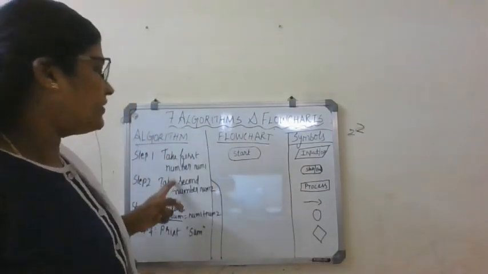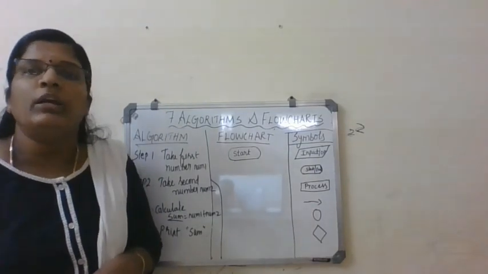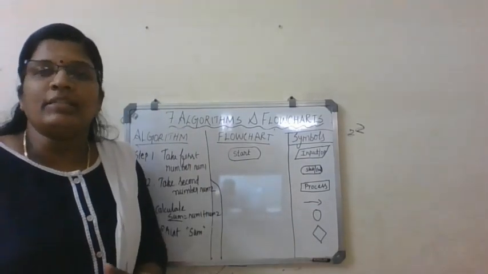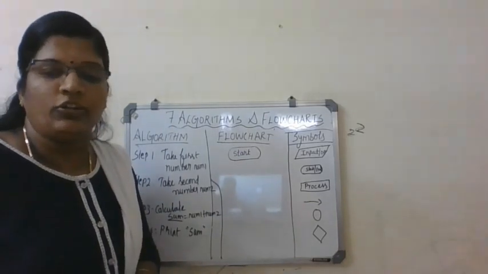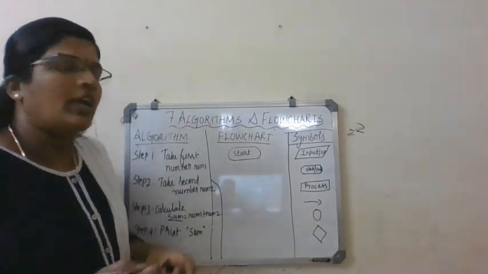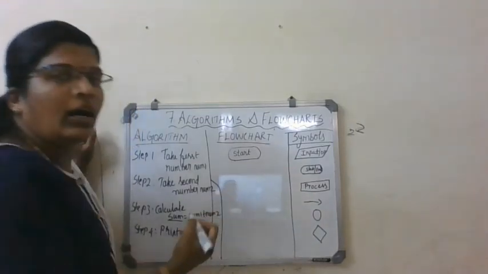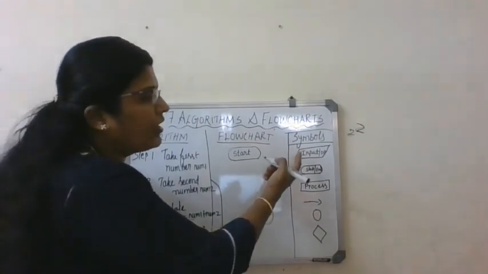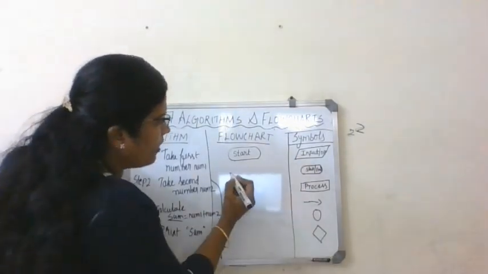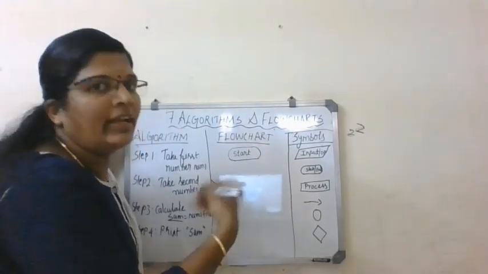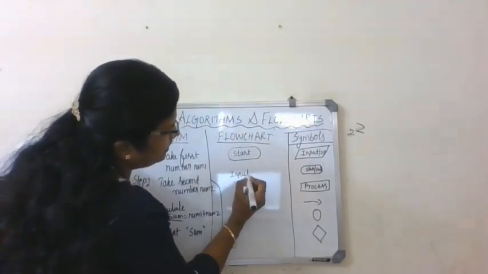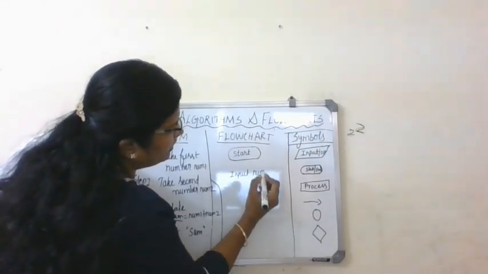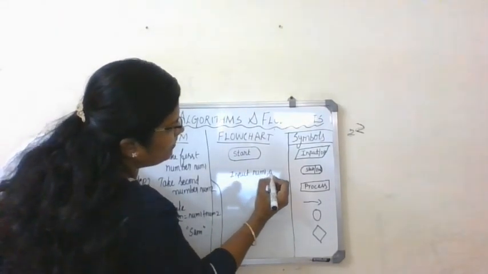Here I have written two steps for input: take the first number, take the second number. In a flowchart you can write them together. What is the box you use for input and output? This is the box. First write it, then draw. Input num1, comma num2.